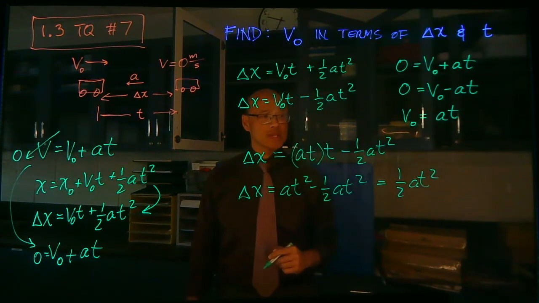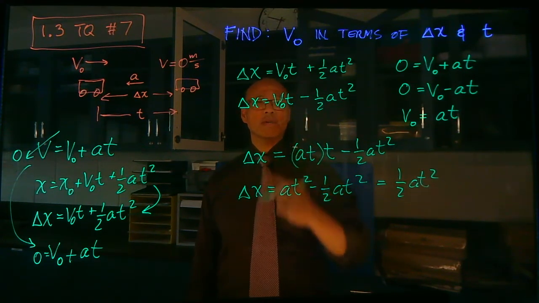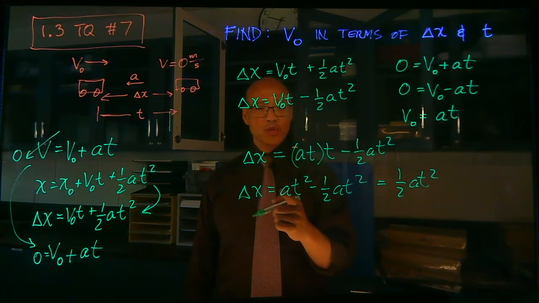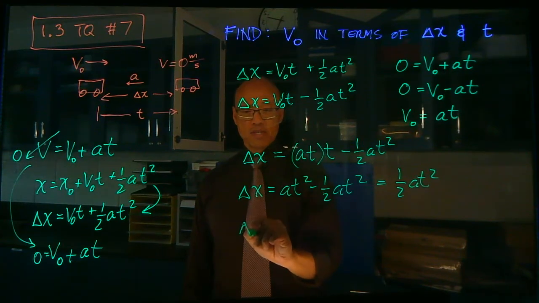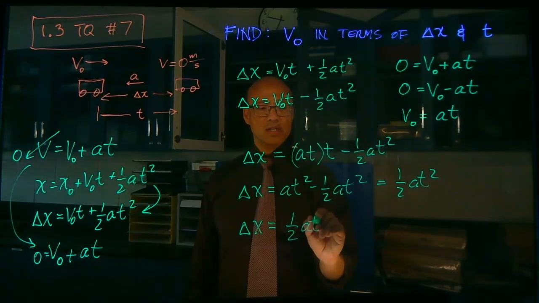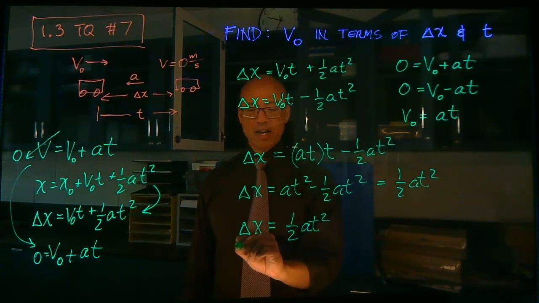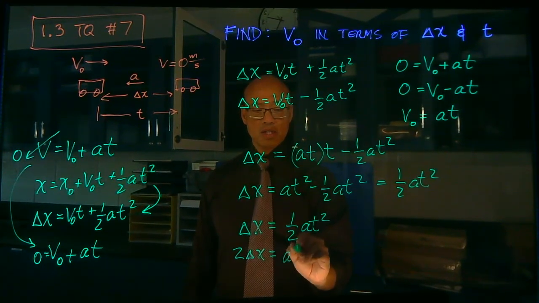But what's a? Well, I don't want to use that. Well, what about over here? This is going to help factor that in already. So if I divide, let's try this. Delta x is equal to 1/2 at squared. But if I multiply, let's get rid of the half. 2 delta x has to equal at squared.